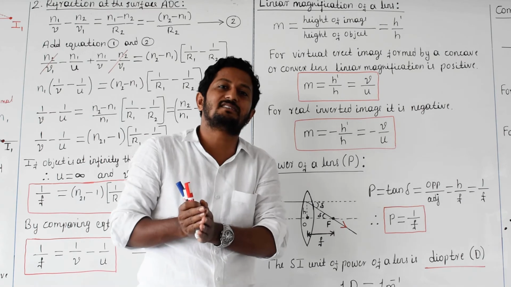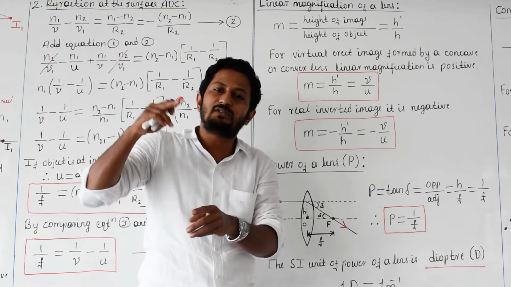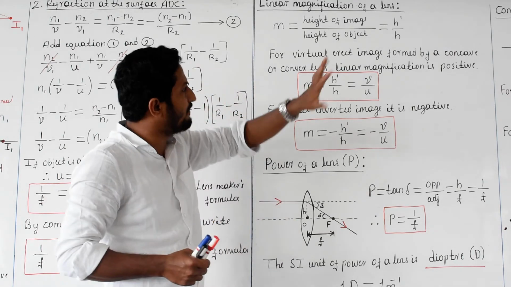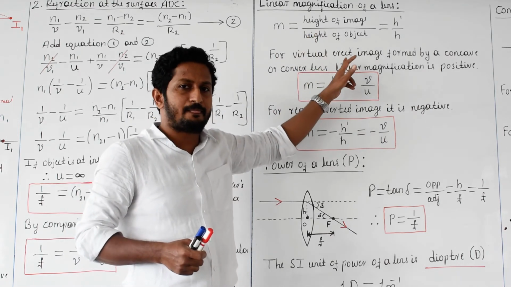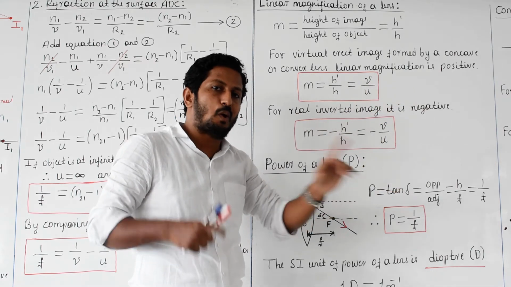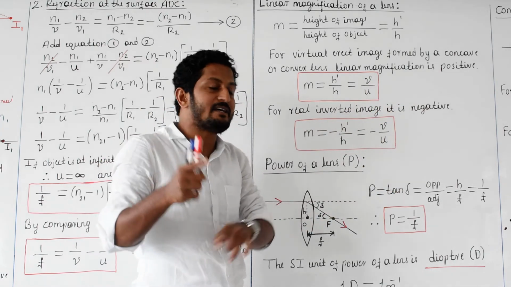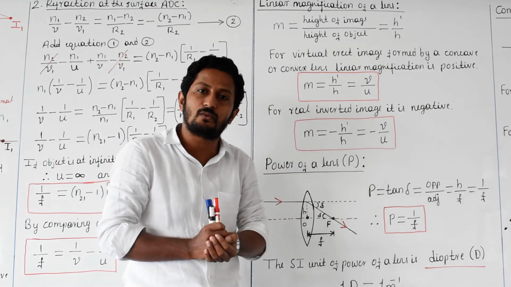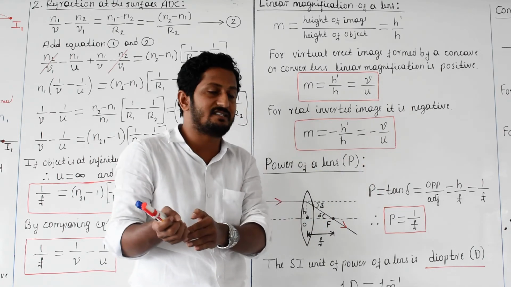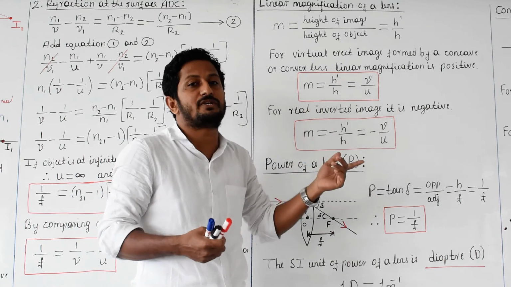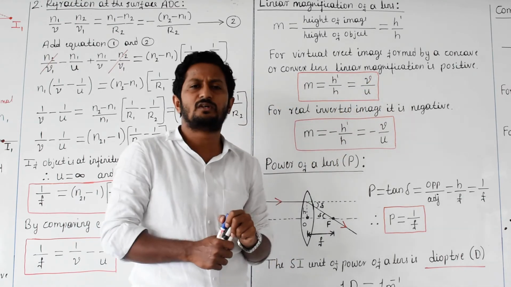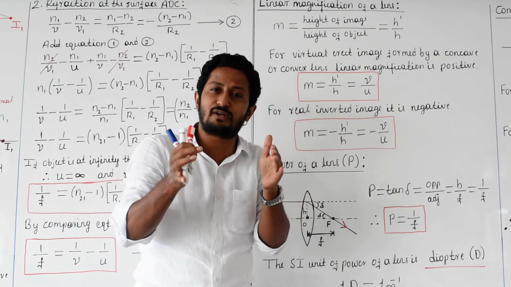But this convex lens is producing both real and virtual images. Now the question arises, here I have written for a virtual erect image produced by a concave or convex lens, the linear magnification becomes positive. M equal to h dash by h is equal to, I have taken as v by u. This is directly given in your textbook.